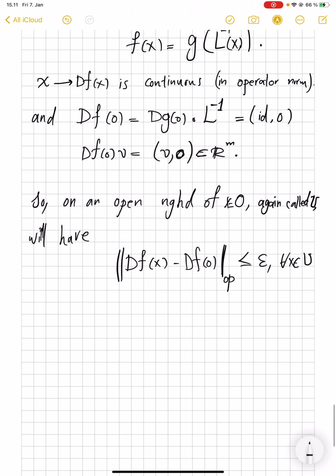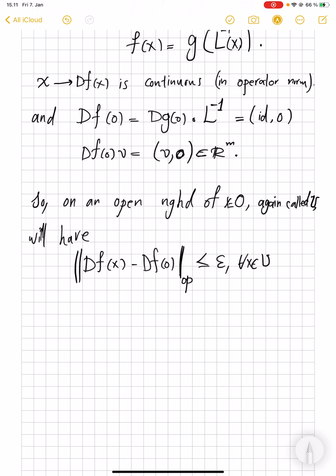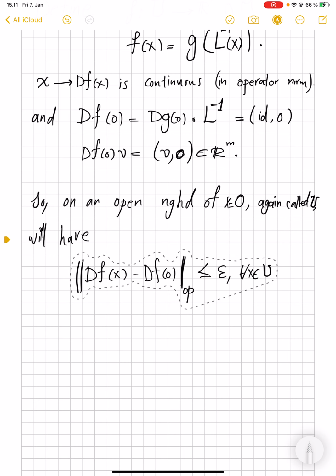So this is just by continuity. So the derivative at x is close to the derivative at 0, simply by continuity of df.